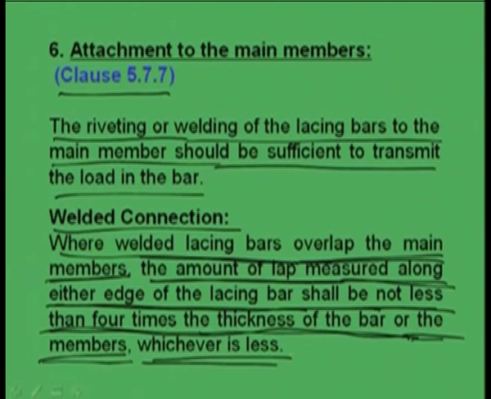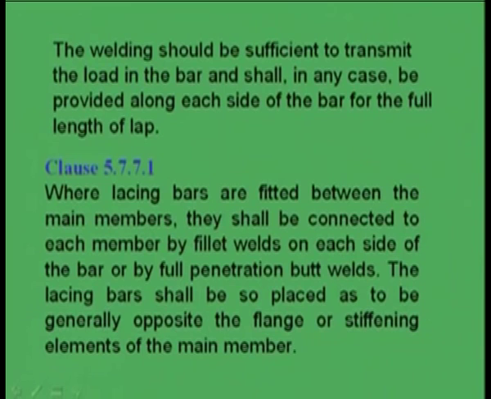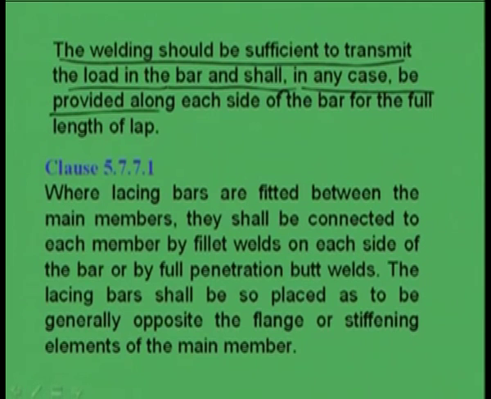The welding should be sufficient to transmit the load in the bar and shall in any case be provided along each side of the bar for the full length of lap.